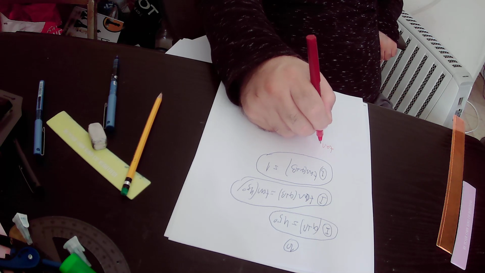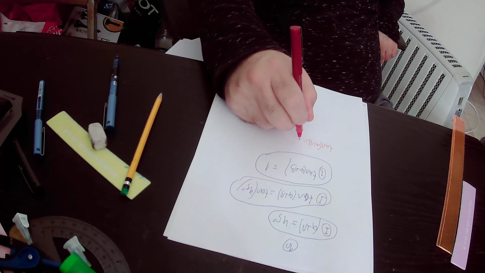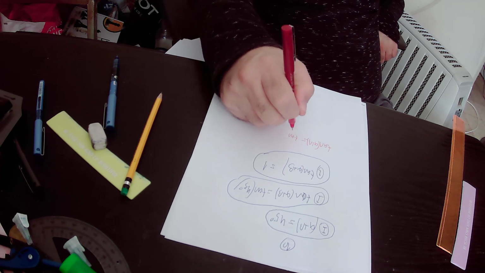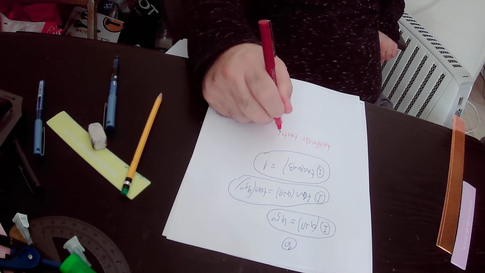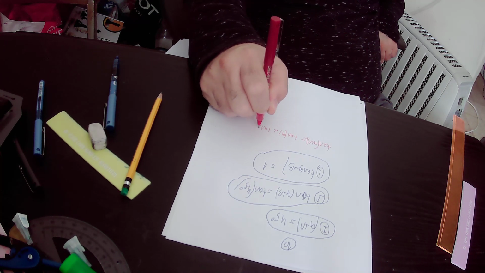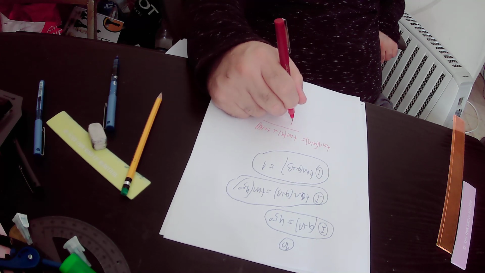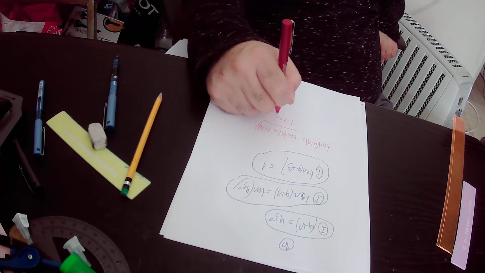Tangent of alpha plus beta equals tangent alpha plus tangent beta over 1 minus tangent alpha times tangent beta.